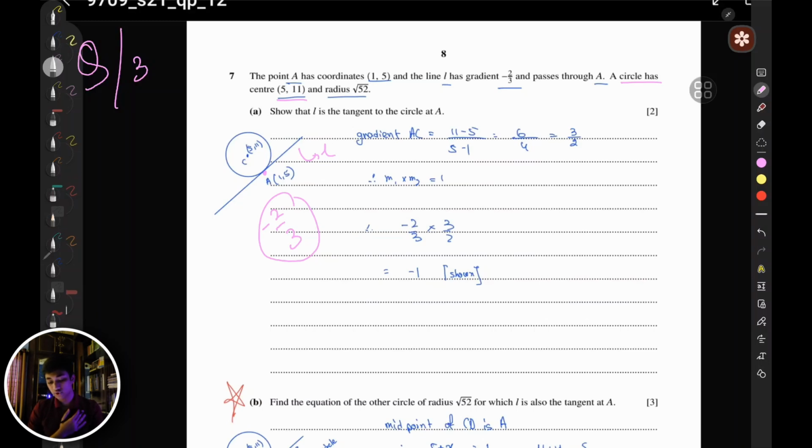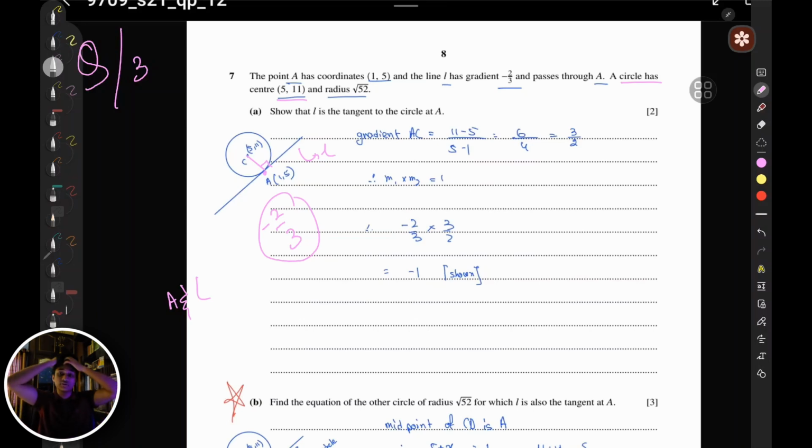So basically, you know two coordinates, A and C. If the line is indeed tangent to the circle, in that case, AC is obviously going to be perpendicular to the line.